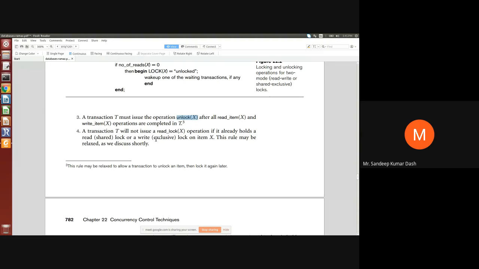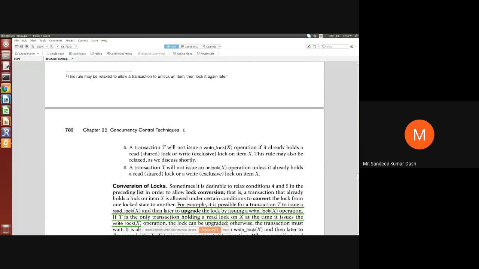If it has a read lock, it will not be allowed to issue another read lock or write lock on that data item X. Similarly, if it already has a write lock, it will not be allowed to have a read lock or write lock again.